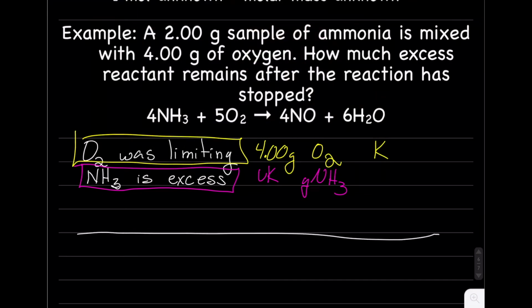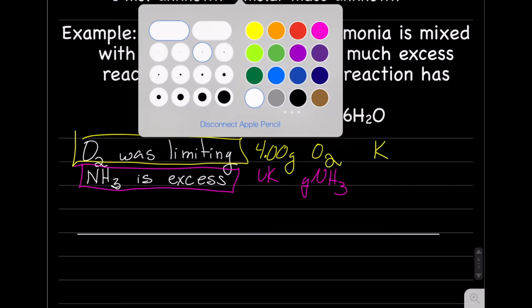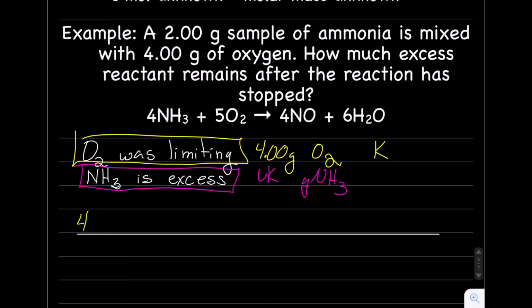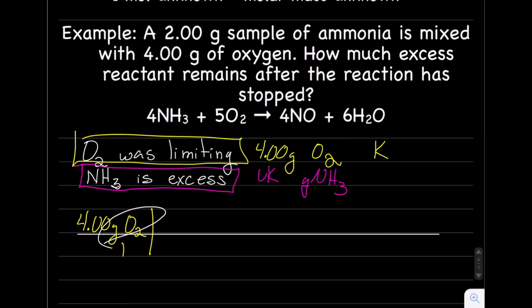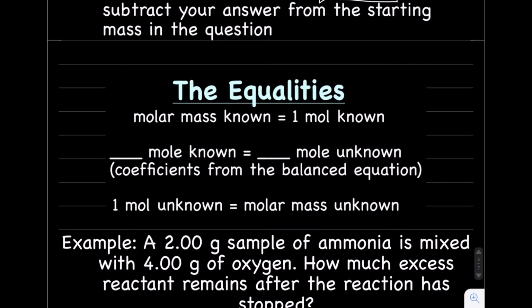So we write our grid, and we write our known in the grid, which is 4 grams of O2 over 1. And we check where we're at. We're at grams O2, which is our grams known. So which equality starts with grams known?